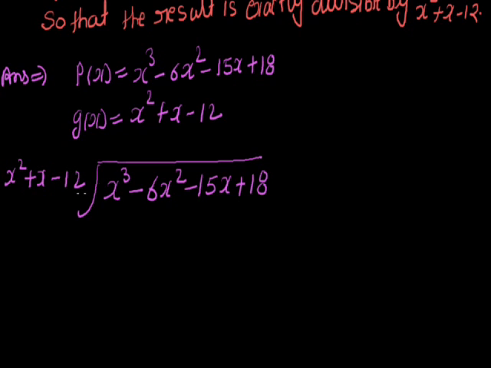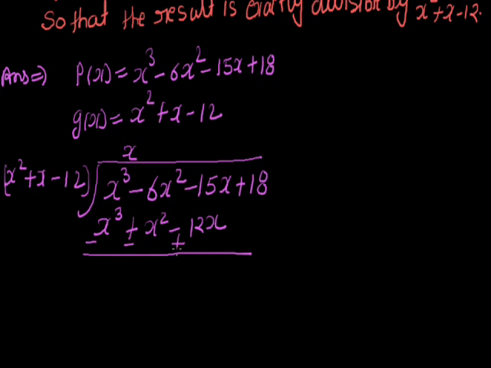Now how can we divide this? When we divide the first term, x cube by x square gives x. We multiply by x, then x cube plus x square minus 12x. Now if we subtract this expression from the whole expression, x cube gets cancelled out and it equals minus 7x square minus 3x, and the remaining term is plus 18.